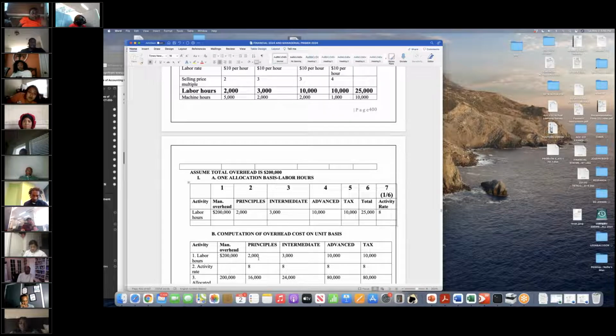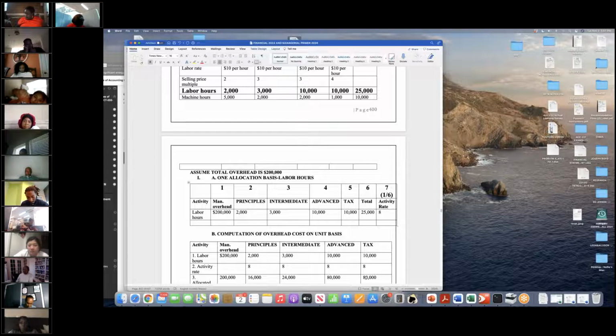So we put down those hours, 2, 3, 10, and 10. We multiply by 8. So 8 times the principal hours, 8 times the intermediate hours, 8 times the advanced hours, 8 times the tax hours. And if I add up these numbers, how much are they? 16, 24, 80, and 80.